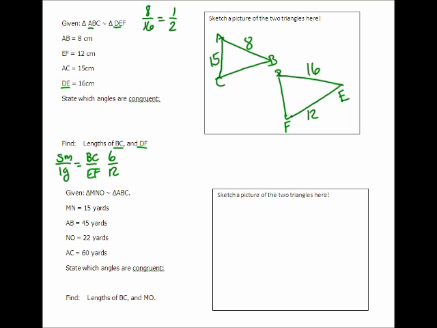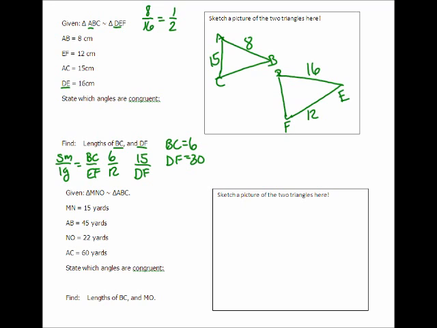So BC is 6, and I would not put the thing on top because I'm actually giving its measure. And then I need to find DF, which corresponds to AC. So AC is 15, and I need to find DF. So DF would have to be, you got it, 30.